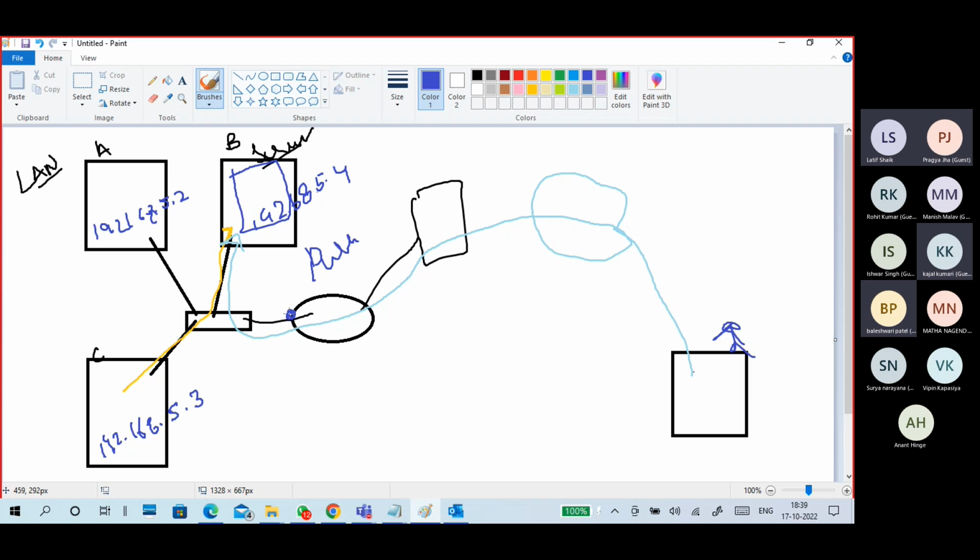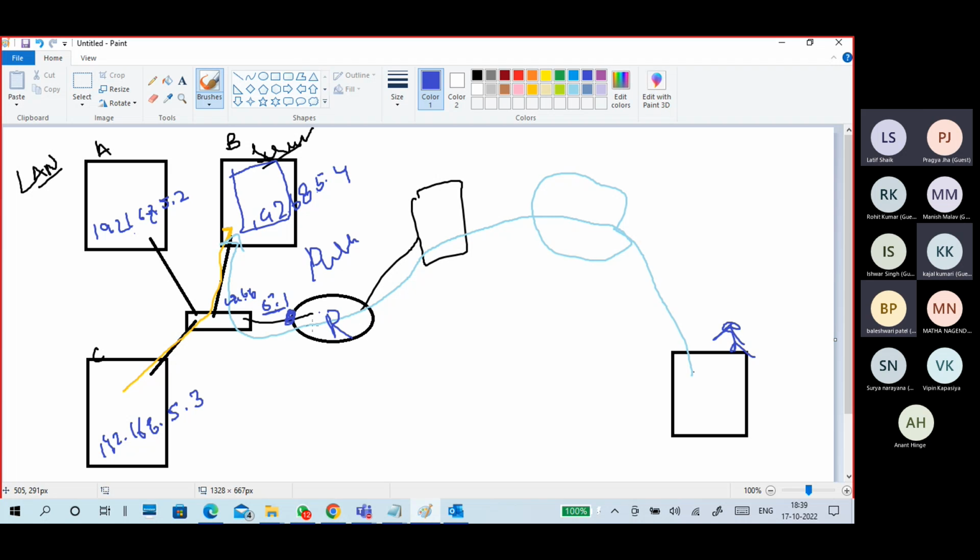And I'm taking this as a router connected to my LAN, so that is 5.1. 192.168.5.1 is the default gateway for all of these. For A, B, C, the default gateway is 5.1 because it's the router's address.